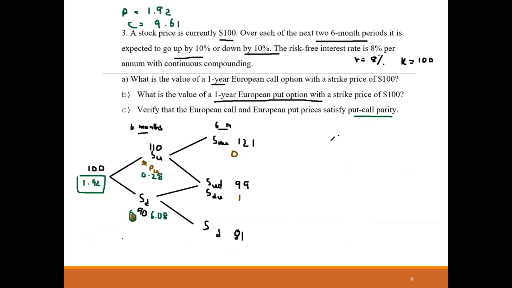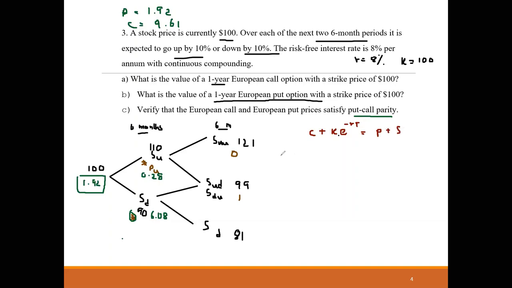So here, when we are taking the put call parity, we say a portfolio with a call and an amount of cash equal to the present value of the strike price should be equal to the value of a portfolio with one put and a stock.